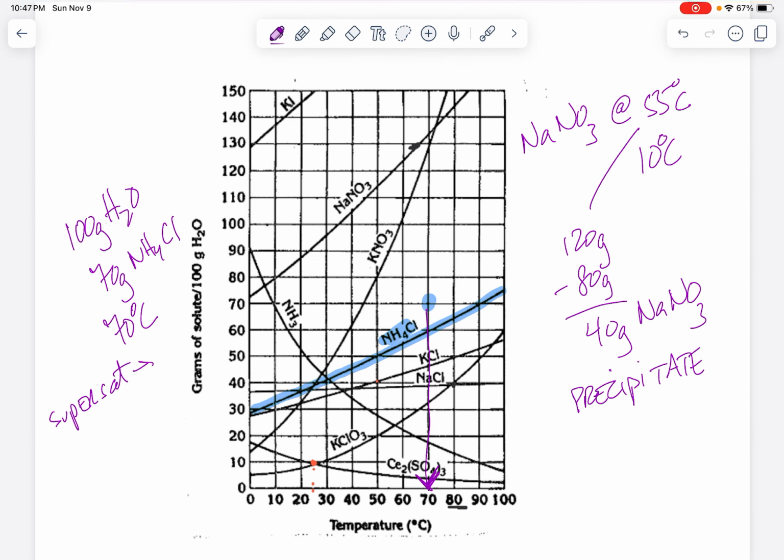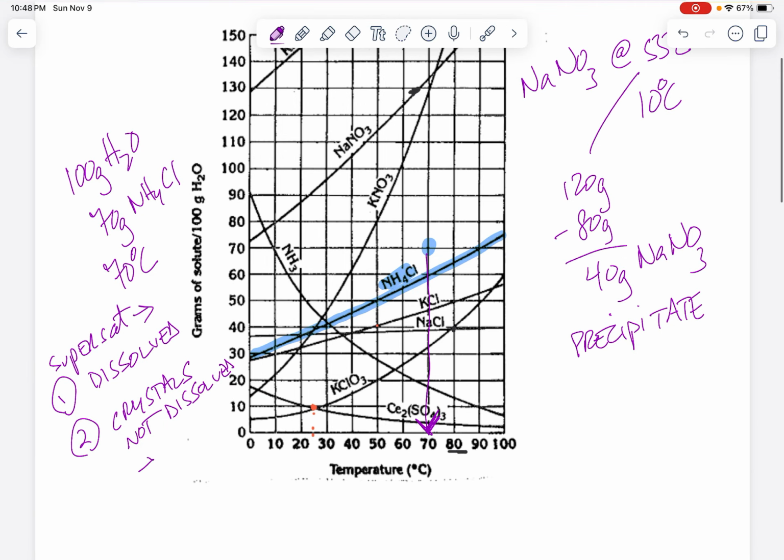Now, if it's supersaturated, then all that solid must be dissolved. If we had some crystals, so that's scenario one, that could happen. If we had some crystals or some solid not dissolved, that would mean we'd have a saturated solution.